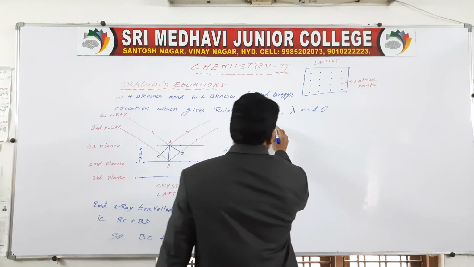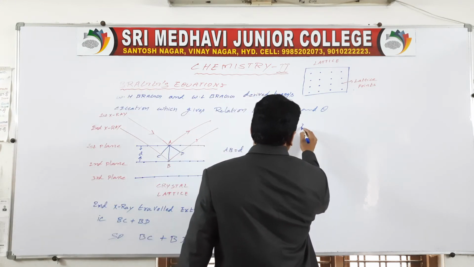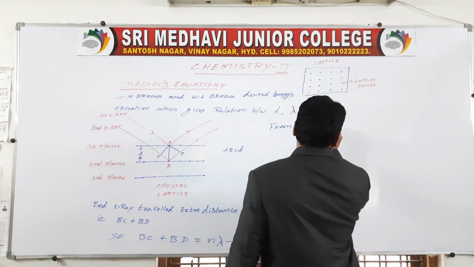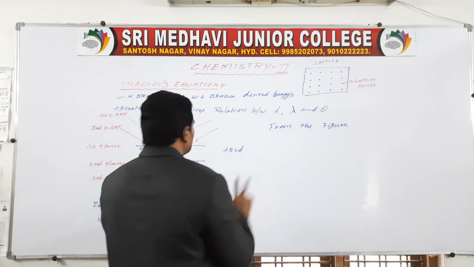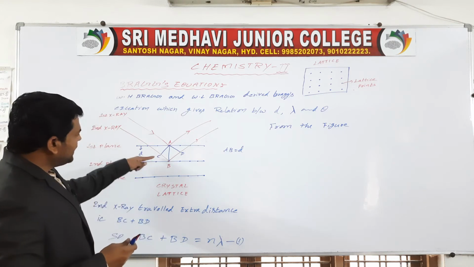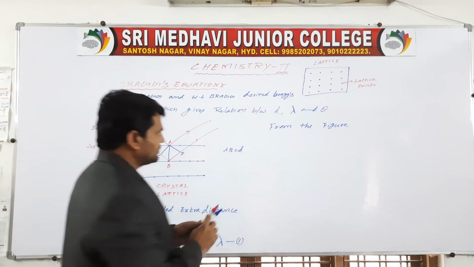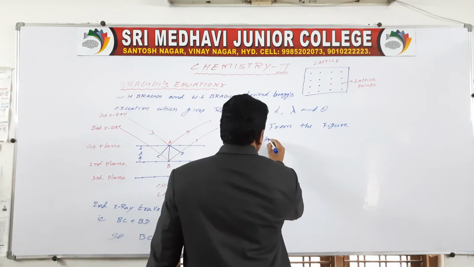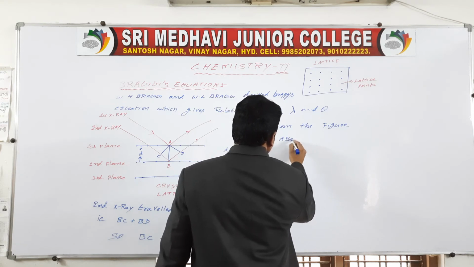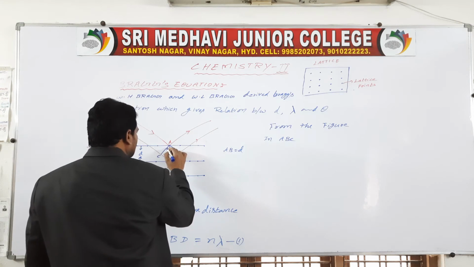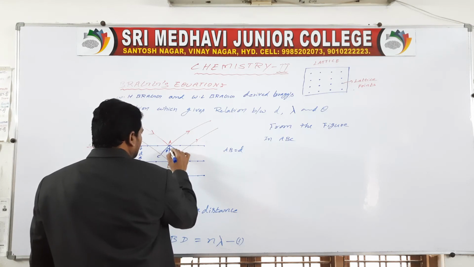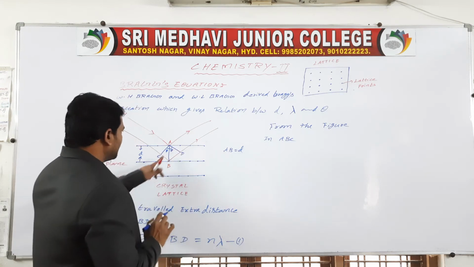See, from the figure, we have two triangles, ABC and ABD. In ABC, the angle is theta and it is theta.